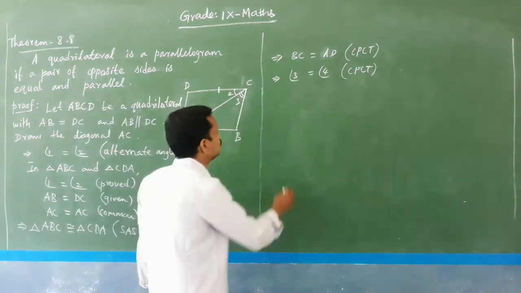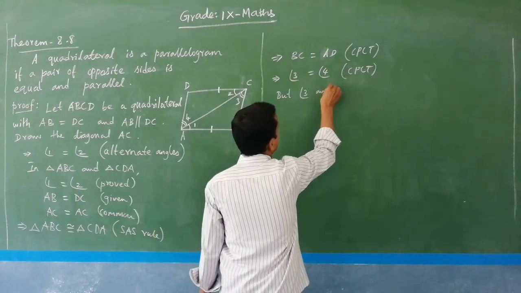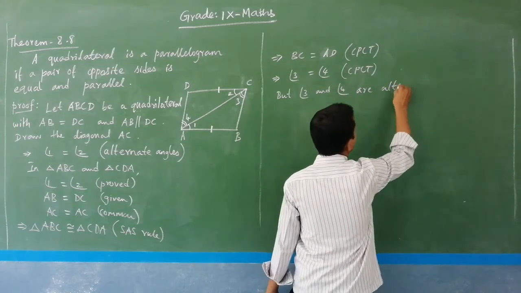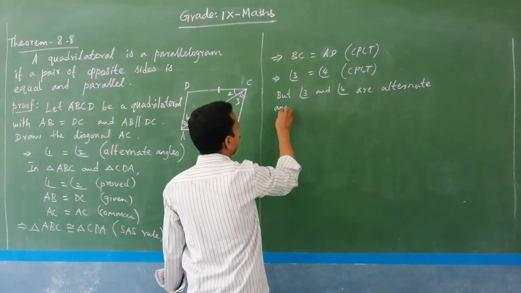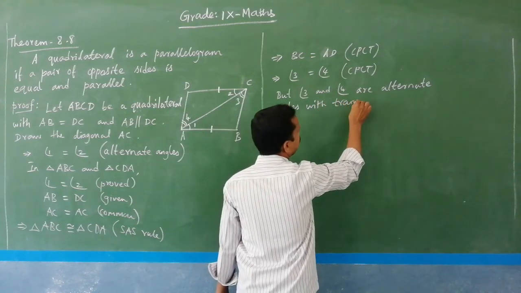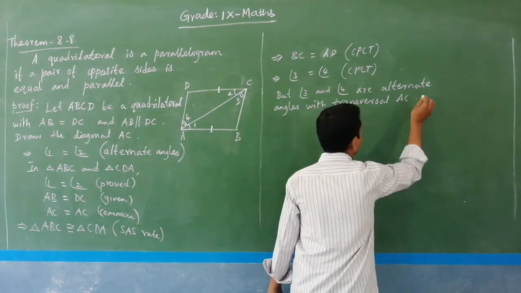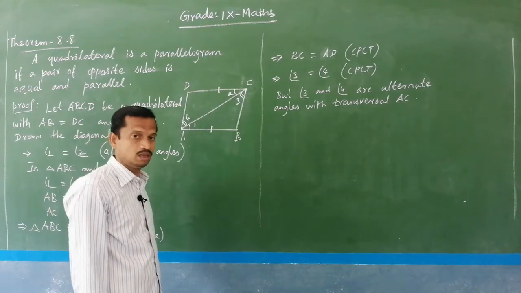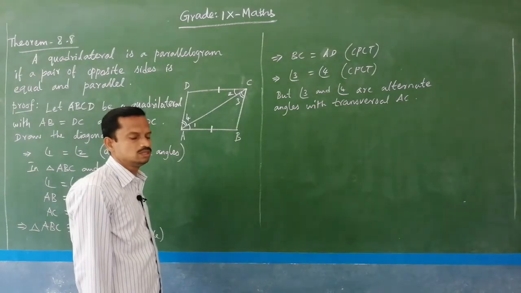But angles 3 and 4 are alternate angles with transversal, the same AC. They are alternate angles and also equal. So, you can say easily that the two lines BC and AD should be parallel.